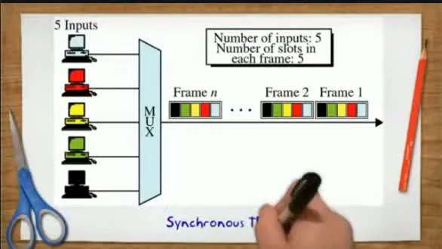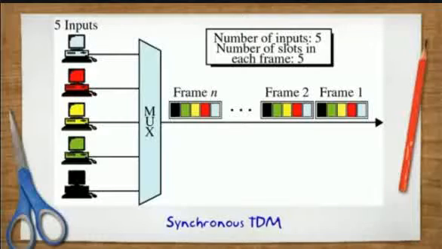This is called a frame. There are 5 PCs connected to the multiplexer, and this multiplexer puts the first inputs of all the respective PCs in frame 1.